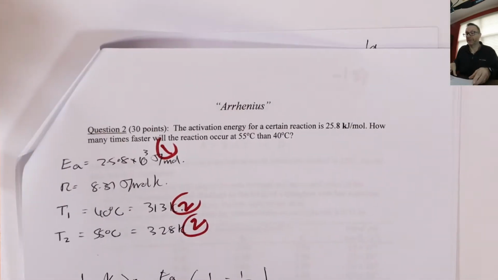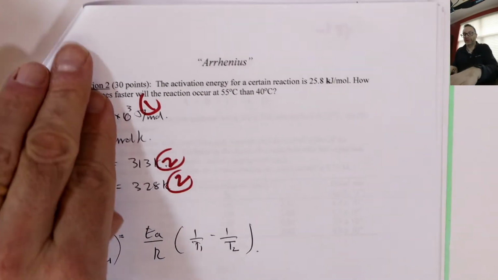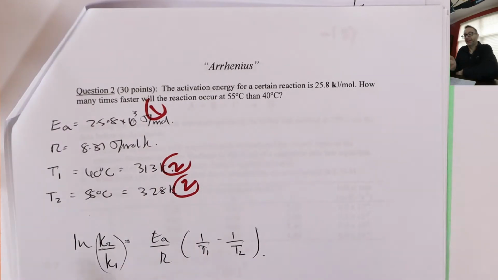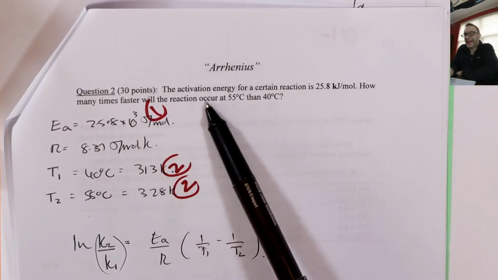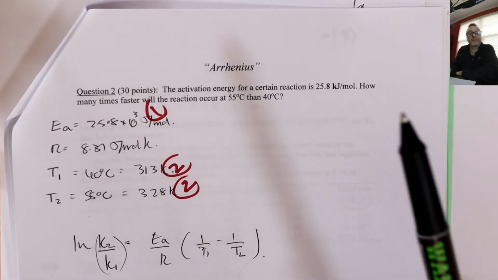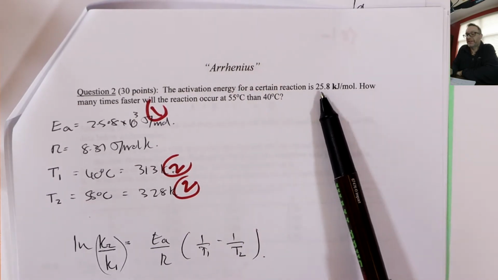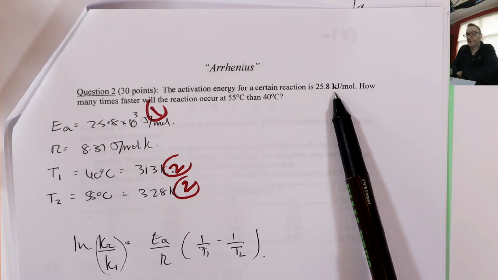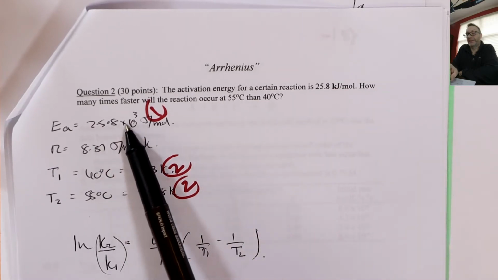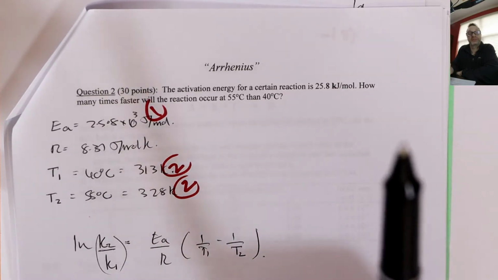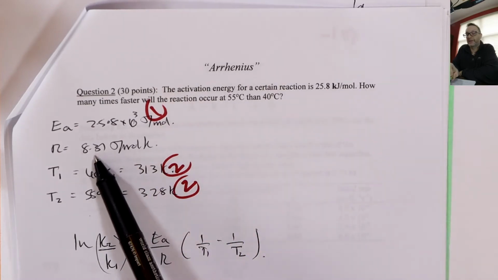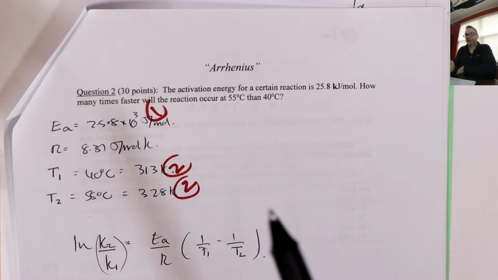Now, the Arrhenius, very, very similar to what we did as an example, right? Okay, so I don't stray too much off what we do in the packets, right? So, like, activation energy is this, how many times faster, that's that how many times faster example, right? So, activation energy is 25.8 kilojoules per mole, so I like to write 25.8 times 10 to the 3 joules per mole because we use metric R, right? There it is. Put it in Kelvin for the temperatures.